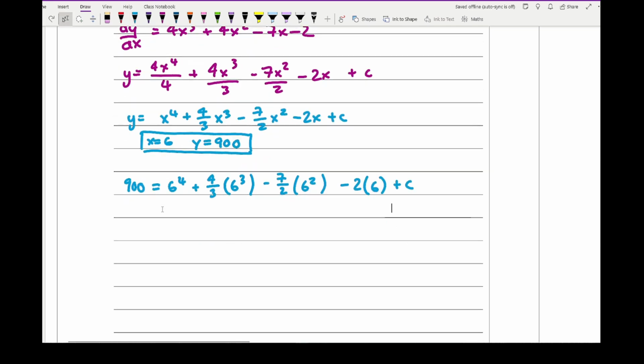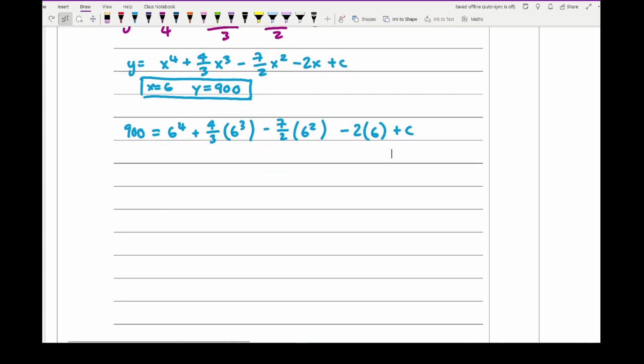Now if I simplify all of that, let's try and write on a straight line, what I end up with is 900 equals 1296 plus 288 minus 126 plus 12 plus c, and I get a c value of minus 570.